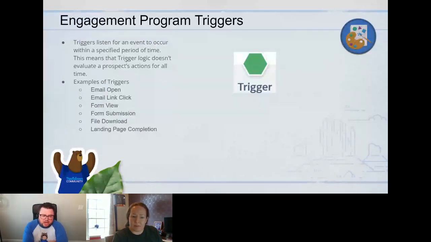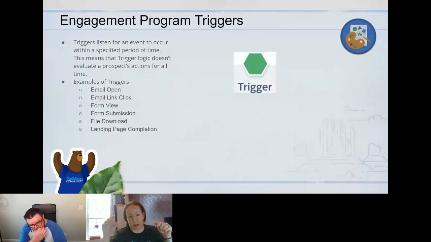I thought it was like, if you're listening for an email open, there are two ways. It's a wait up to X days. Like wait up to 7 days. And if they take the action within 7 days, they go down the yes path. So if they do the action on day 5, they'll go down the yes path on day 5.